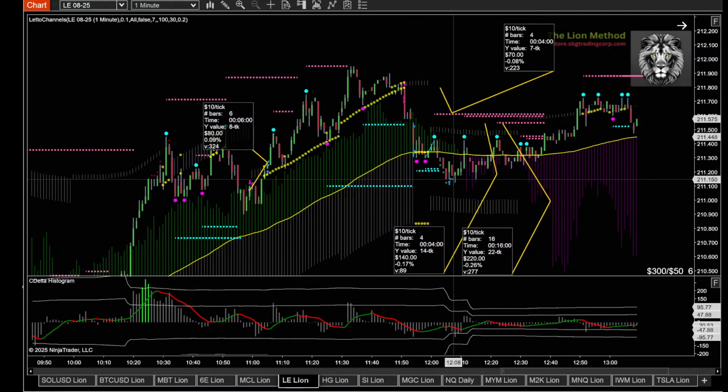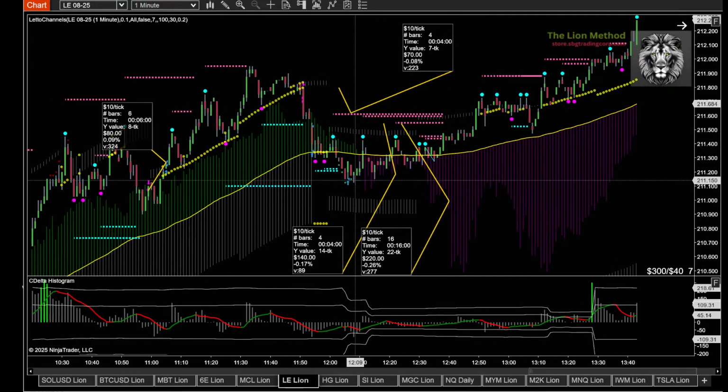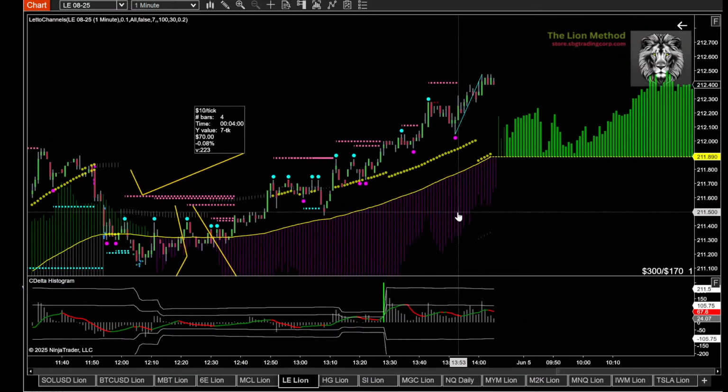Held on for another push and I got out. I didn't quite hit this. I was targeting this extension, but I saw it was just kind of petering out here and I said, that's good enough. And look, the market just bottomed out right about there. Almost got the best tick of the move. I was one or two ticks away from the low. Yes, I like to brag.